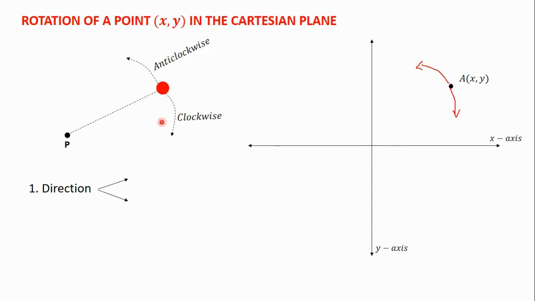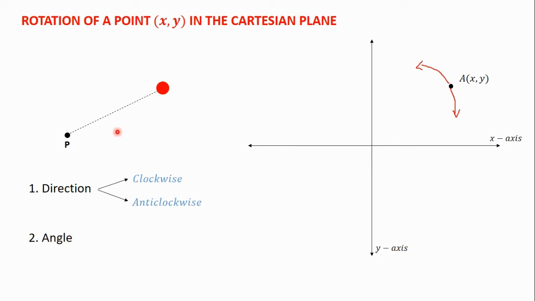And as we can see here, the rotation can be done in either the clockwise direction or the anti-clockwise or the counterclockwise direction. The final position of the object will also depend on, two, the angle of rotation. So the final position of the object will not only depend on the direction of rotation, it will also depend on the angle of rotation.